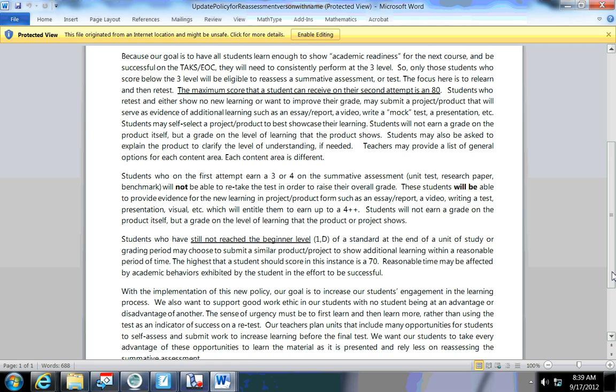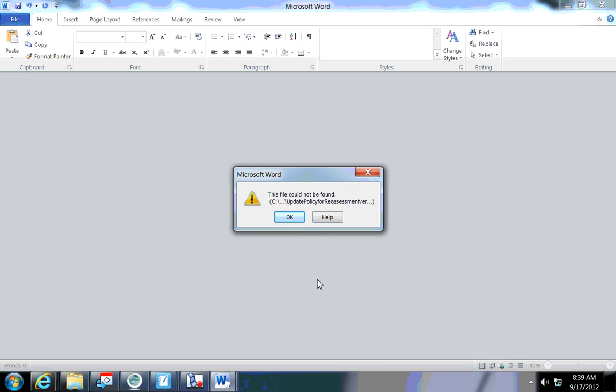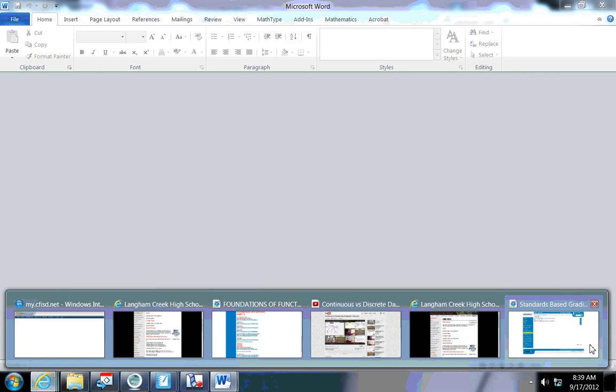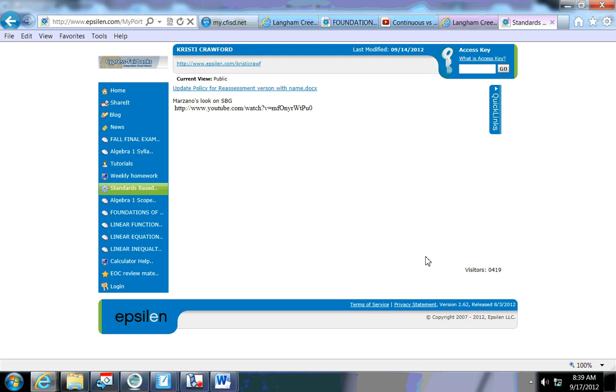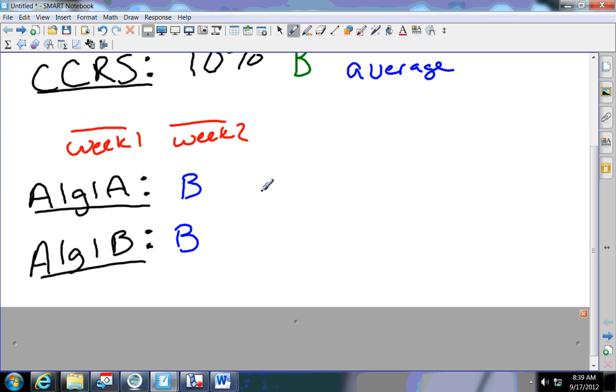Okay, so you can go through and read through this. You will have to submit a project that will show us that you understand these concepts. You'll have to do that if you have the B and you want the A. When you come in, there will be additional questions in order to show me mastery of these topics.